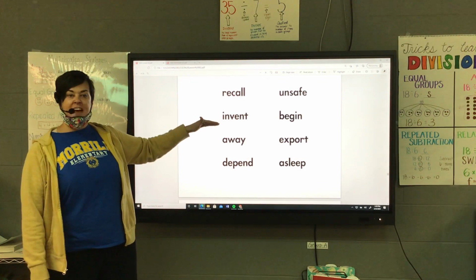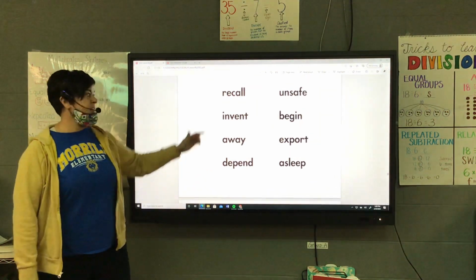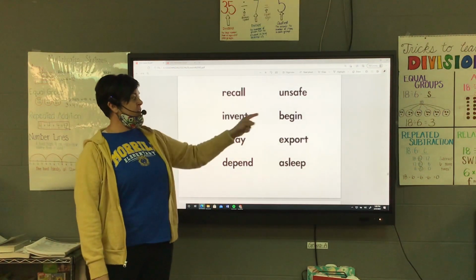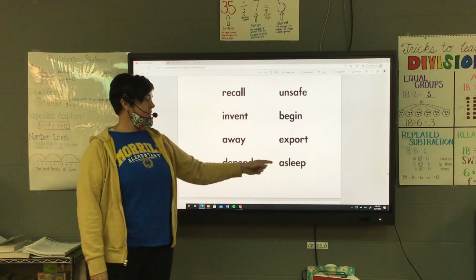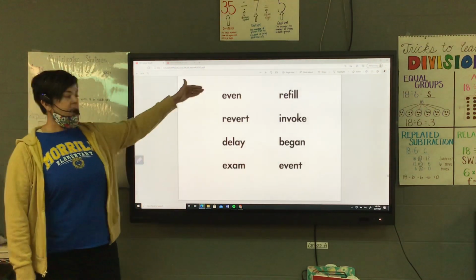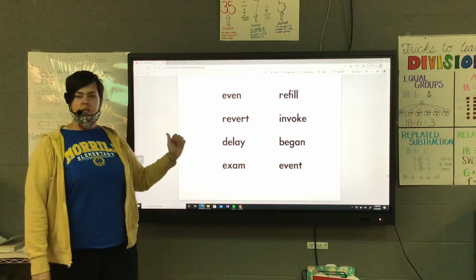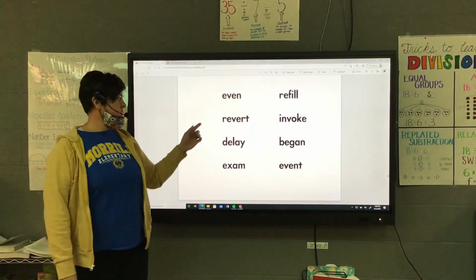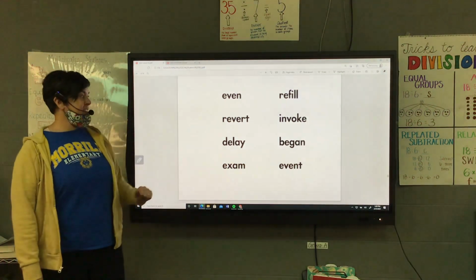Recall, invent, away, depend, unsafe, begin, export, asleep. Even, revert, the word is revert. What's the word? Revert. Delay, exam.